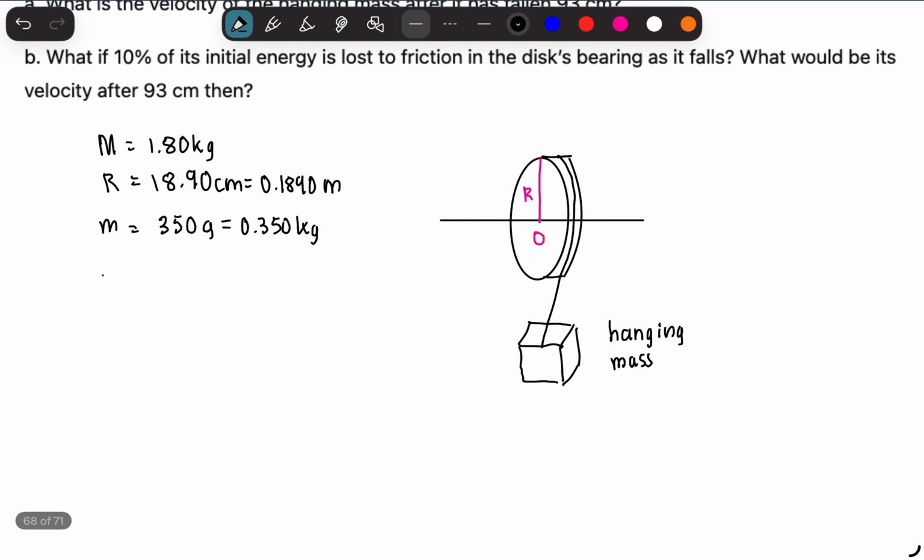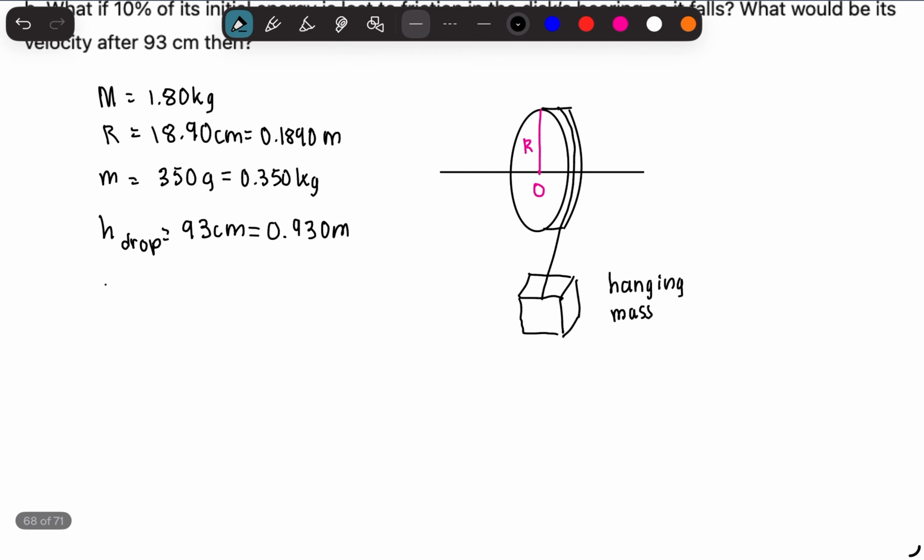For our drop distance, h, that will equal in meters 0.930 meters. And the moment of inertia of a solid disk is going to be 1/2 mr squared.